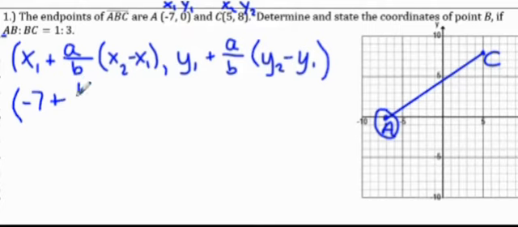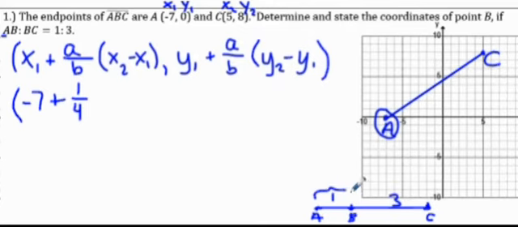So it's going to be 1 over, because I'm starting at point A, so I'm going to use the first number, the 1, but it's over 4, because if you think about it, I remember in class I would draw a segment, and A is here, and C is here, B is around here, and I would say, this is a 1 to 3 ratio, so from A to B, it's 1 out of the total, which is 4.